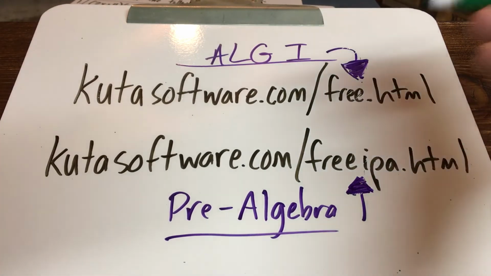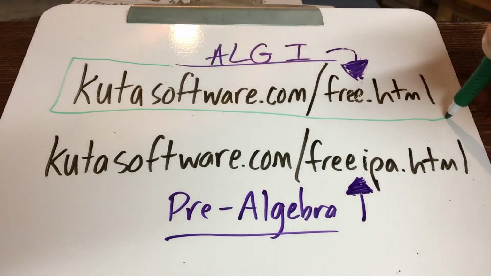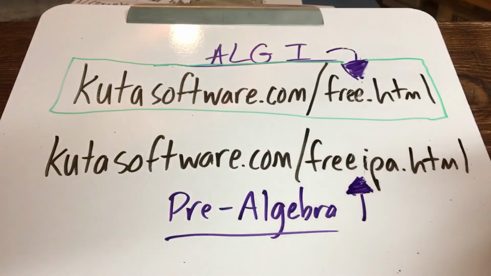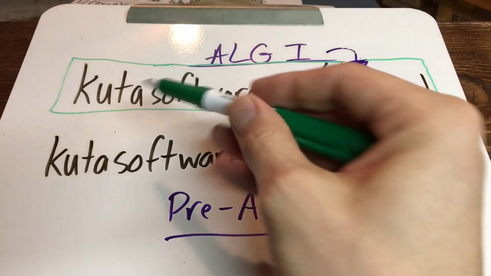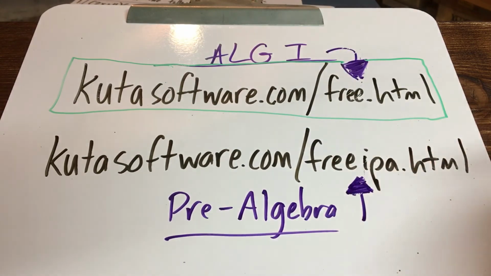One more chance to give you guys some practice on this. Students in my classes in Marshall, I'll post this video and then I'll post an assignment or a group of questions on our class website that you can work on. If you don't go to Marshall and you don't have a Big Ideas Math account, you can go to this website, kudasoftware.com/free.html. They have a whole list of assignments you can do.